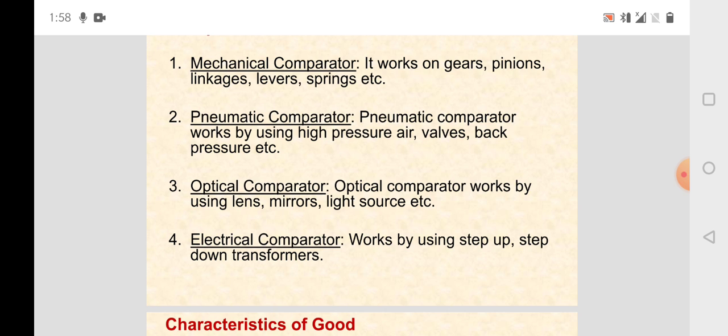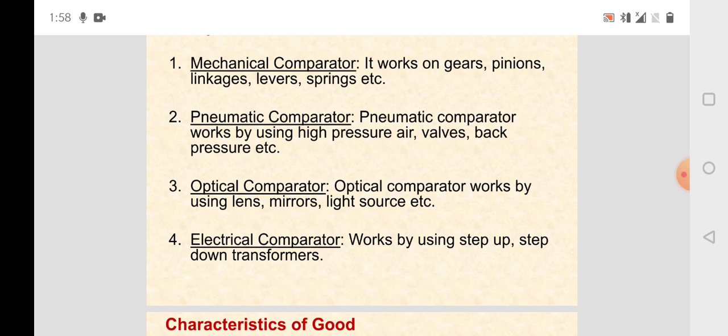Then this mechanical comparator works on gears, pinion, linkages, levers, and springs. All these are the parts which form the assembly of a comparator. Whatever quantity is to be measured can be transferred into some other quantity.